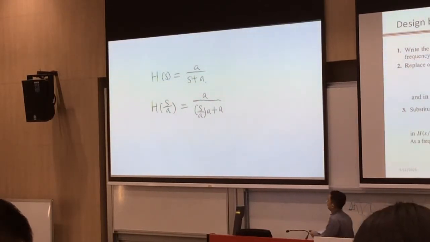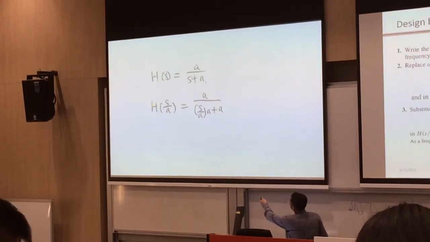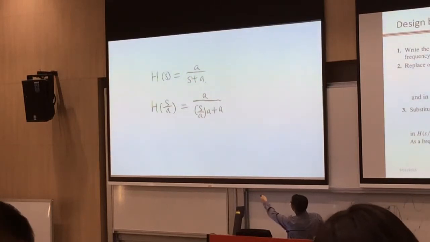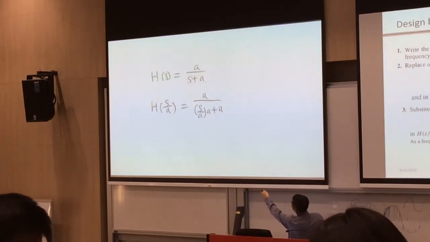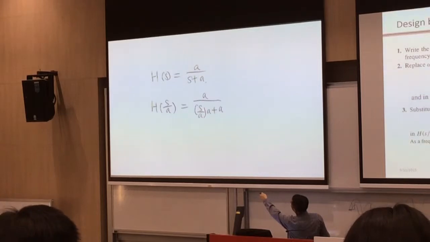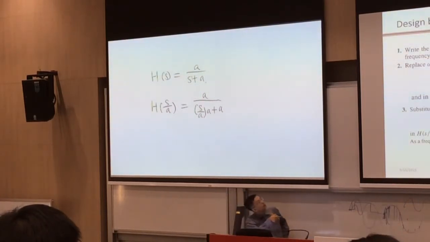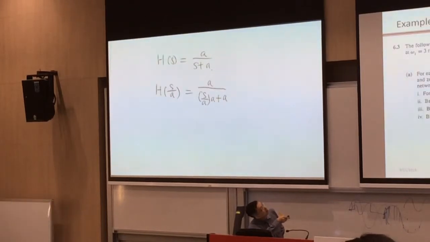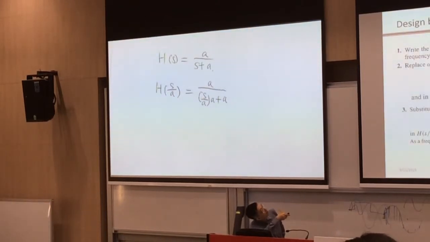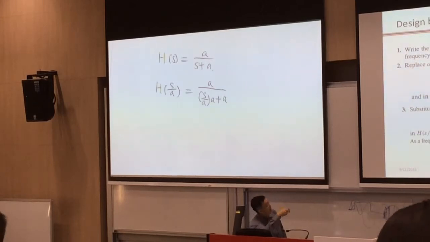Now your omega is A, so I need you to rewrite your S function as a function of S divided by A. But because these two must be the same, you divide by A and you multiply it. So this is what we mean: rewrite your transfer function with the variable S divided by your omega.